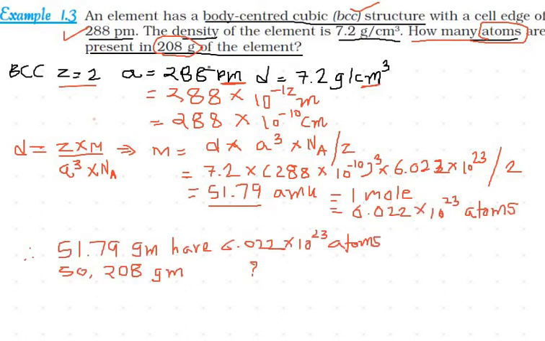So shall I write this as 51.79 gram, that is my 1 mole, because it's a molecular weight, has 6.022 into 10 to the power 23 atoms. So if I take 208 gram of the element, how many atoms will be present?